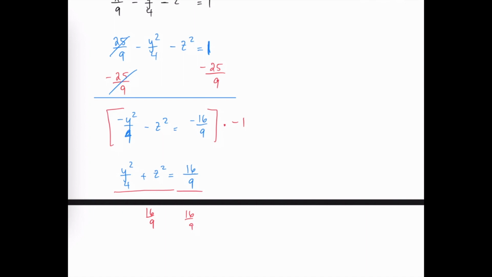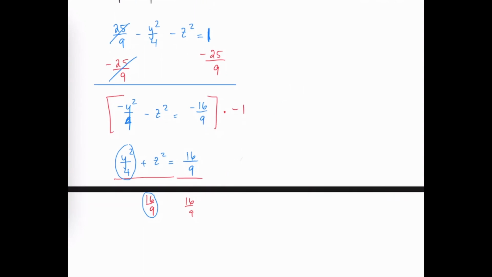So I'm going to actually bring this up here to finish. We have on the left-hand side 1/4 divided by 16/9. That's going to be a little tricky. Let's actually come over here and look at that specifically. So y squared over 4 divided by 16 over 9 is going to be y squared over 4 times 9 over 16.